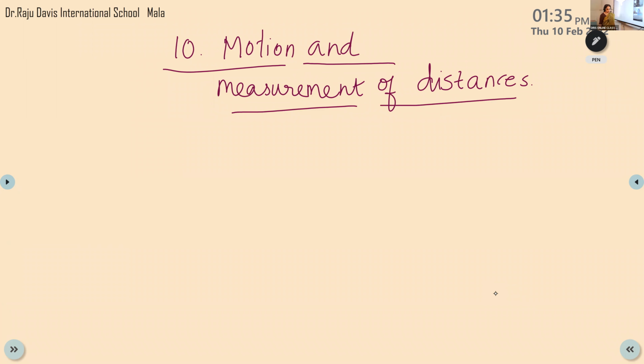So with respect to time, the position of an object is changing. Then we can say that motion happened.